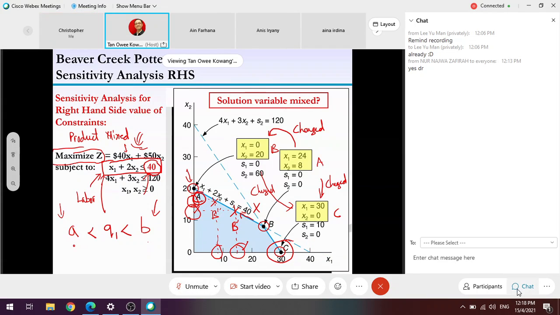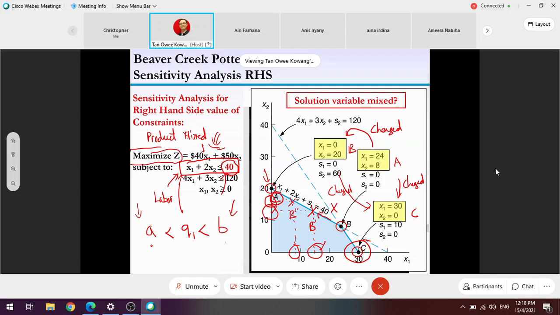If you understand, then why do we want to find the range? What is the purpose? In chapter 5 part 2, when we defined the range for the objective function, the purpose was very clear cut.